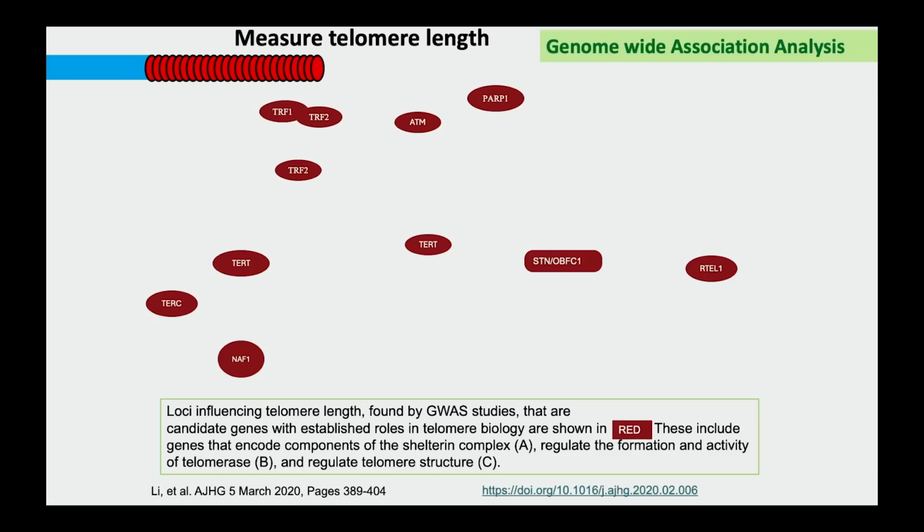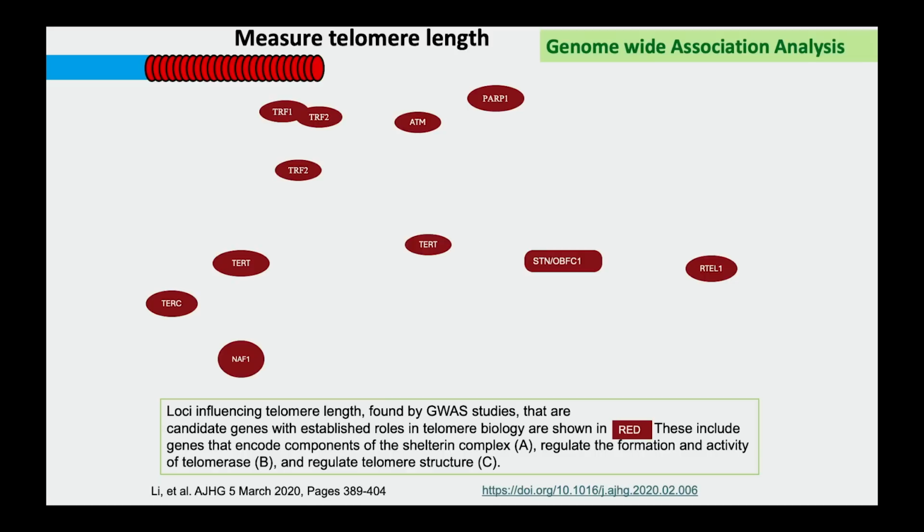When you do GWAS analyses, you measure telomere lengths in lots and lots of people, hundreds of thousands. In our case, we did 100,000. We measured in cohorts, and you do GWAS, and a whole bunch of genes show up as being related. Their allele variants relate to telomere shortness, and actually the variants add up.